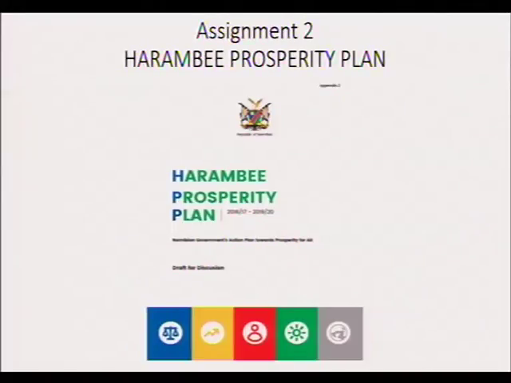Now, for you to have a healthy lifestyle, and even to make sure that you don't get opportunistic diseases, you have to make sure that you eat correctly and you eat healthy. Now, what do you do if you are poor?